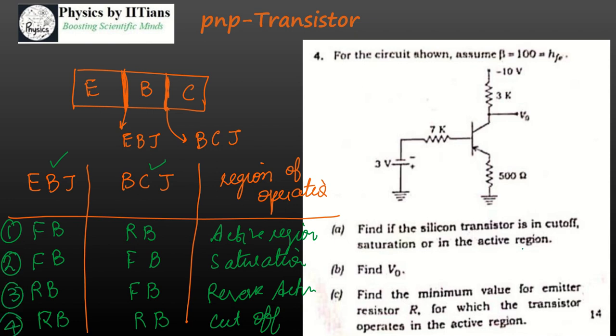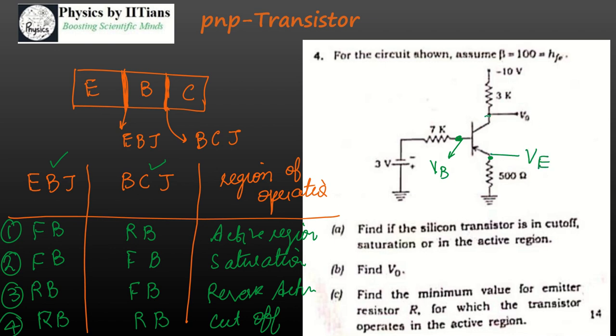Now in this question, it is asked which region of operation the particular transistor is operating in. So for that, we have to identify the different junctions. Firstly, we have to identify the potential of these two junctions. First find the potential of the base, let's call it VB. Find the potential of the emitter, VE.